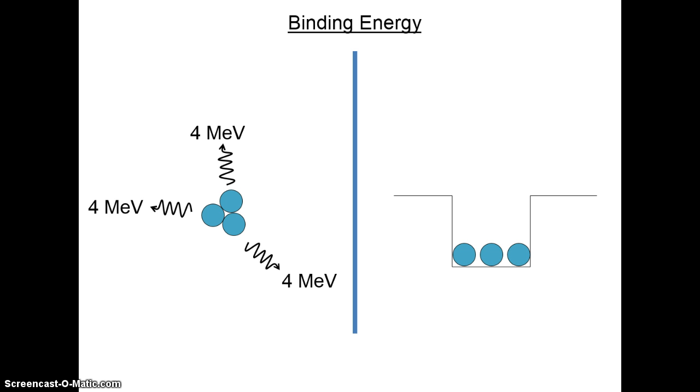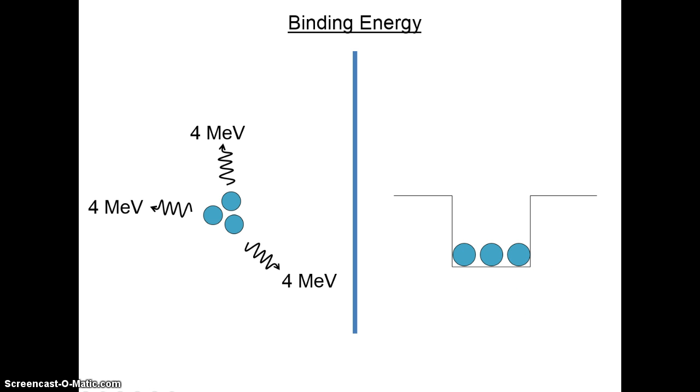It's converted into electromagnetic radiation, which we call light for short. So in this example, each of the nucleons, on average, gives off 4 mega electron volts. And when that light is lost, so is some mass, because mass and energy are equivalent.